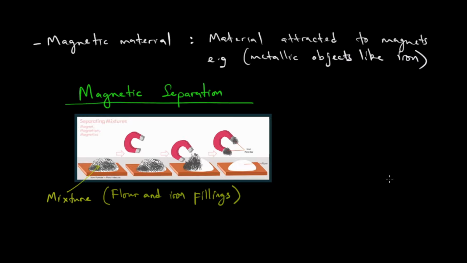But because we know kuti when we discussed about separation, takati we are concerned with the physical properties of the things we want to separate. Saka panapa tinoziva kuti iron is a magnetic material. Saka iron attracted to a magnet, but flour is a non-magnetic material.